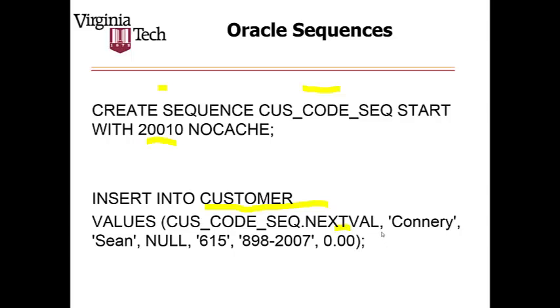And so that finds what the current value is, and then adds one to it, writes it back to the sequence so that the next person that uses the sequence gets the next value, and then inserts this value returned by this statement, code sequence dot nextval, as probably the key in this instance of customer. It's a simple idea, but it's just different than what you're used to in Access and other systems that have an auto number feature.